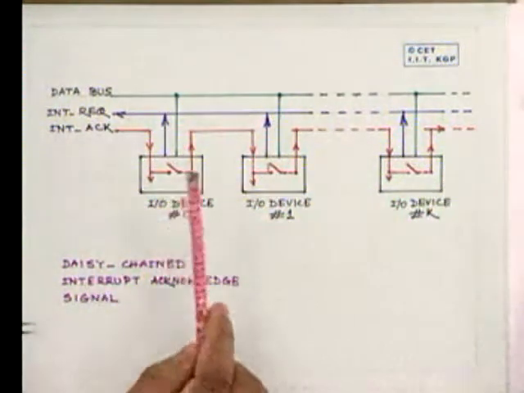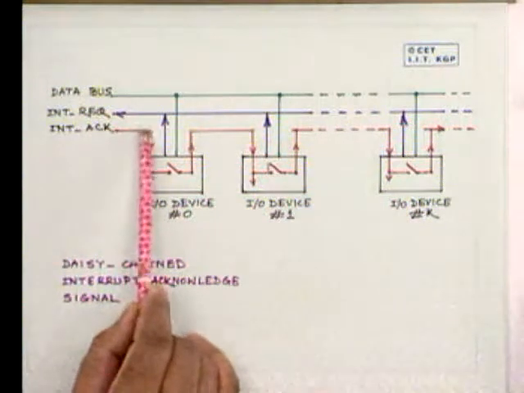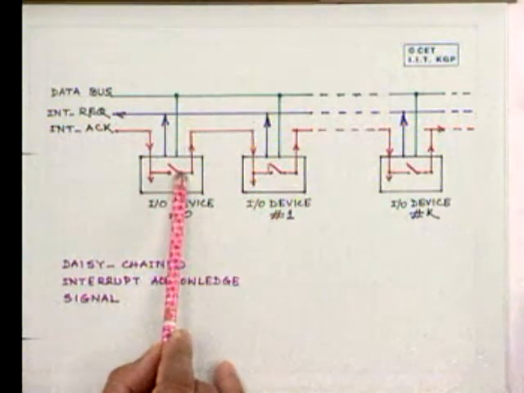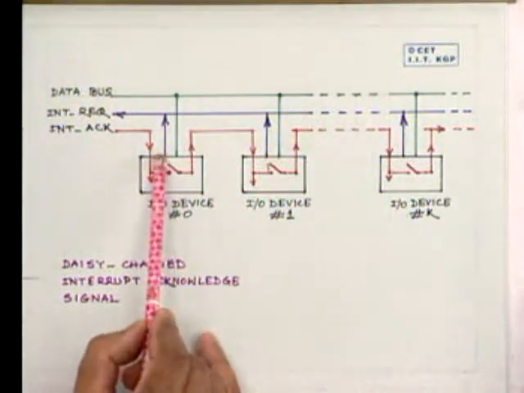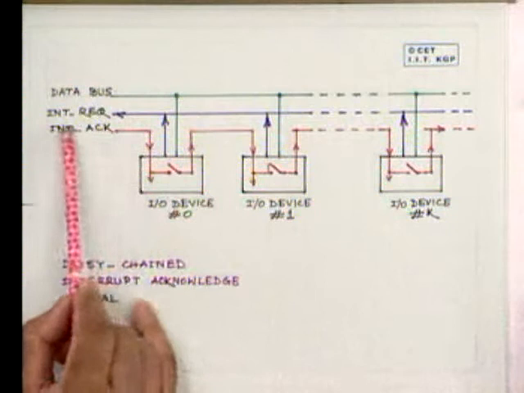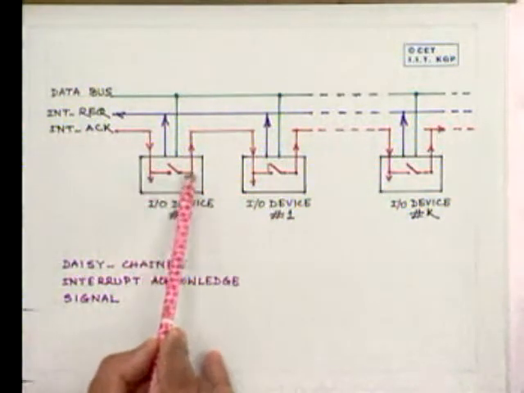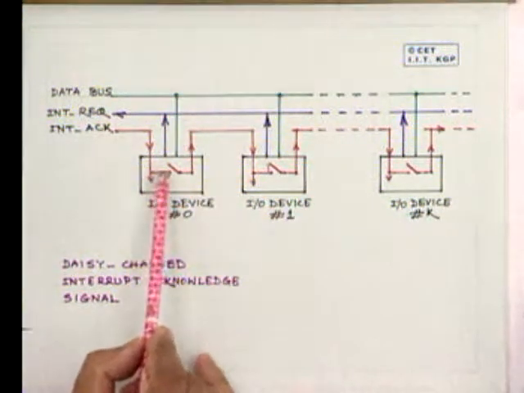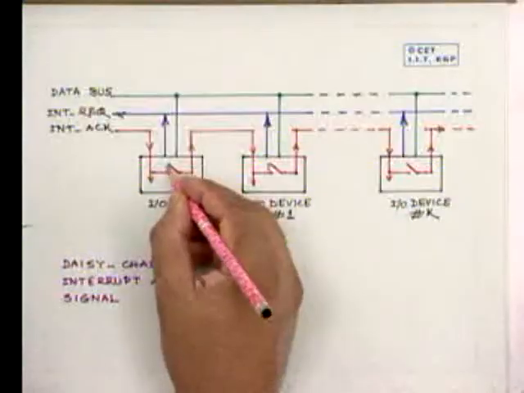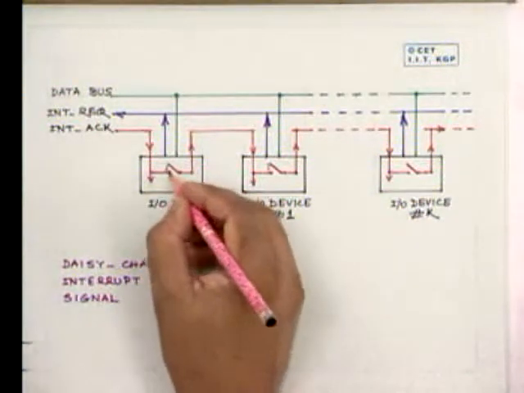Now let us see what happens. The interrupt acknowledge comes and is stopped here because this is open. Therefore, this device is handled first; it gets the interrupt acknowledge first. After that device has been taken care of by its interrupt handler, meaning the actions for which the device interrupted have been executed, only then is this closed.